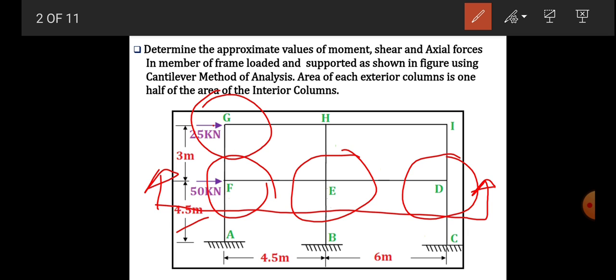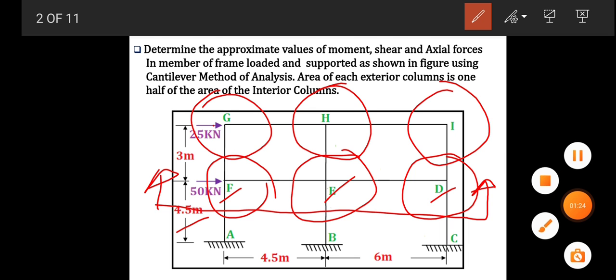So in the upper story we considered joints G, H, I, and from that we know the member forces for the members connected to the joints. Now the members which are common for the joints, their forces we know.